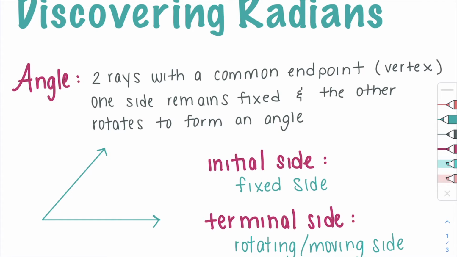So if I was looking at the angle that I drew you, the initial side is the one that doesn't move. And remember, they would sometimes show you the measure of the angle by going like this on the inside. So I moved the terminal side counterclockwise from the initial in order to show you how big the actual angle was.